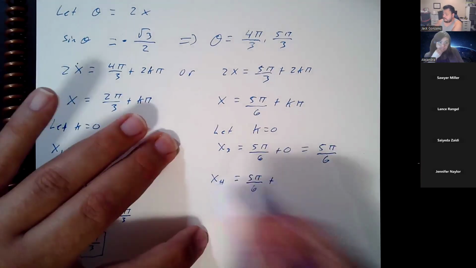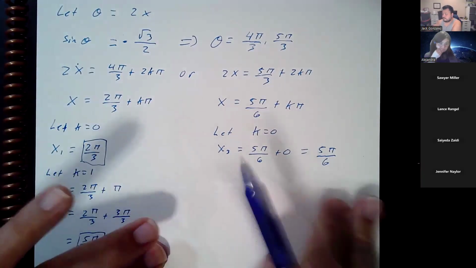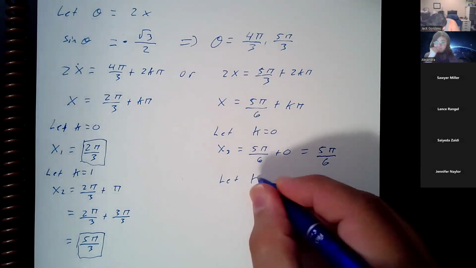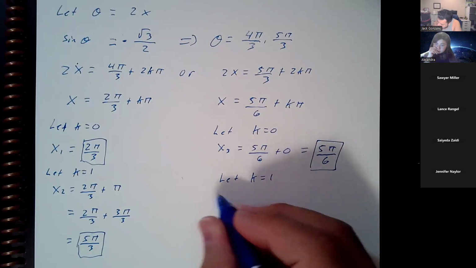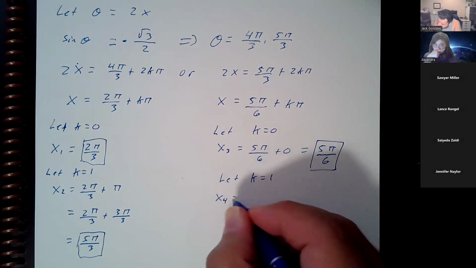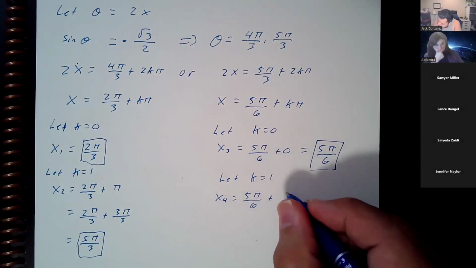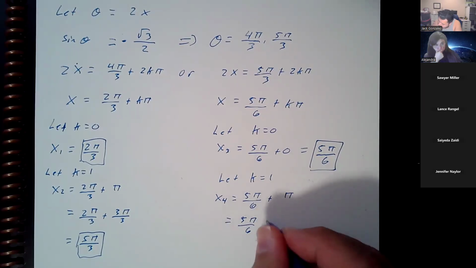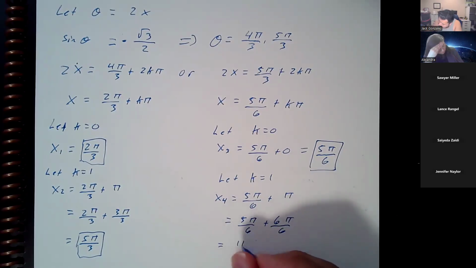X4 will be 5 pi 6 plus a single pi, which will be 5 pi 6 plus 6 pi over 6, which is 11 pi 6.